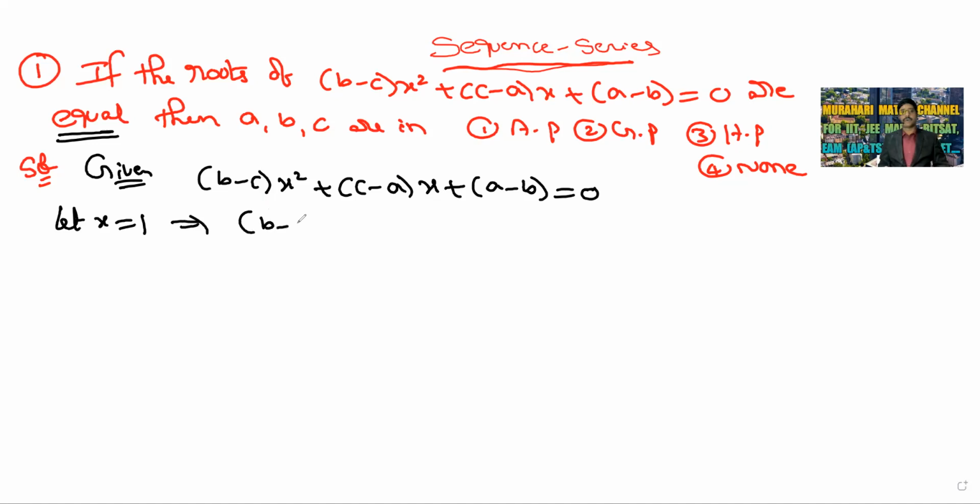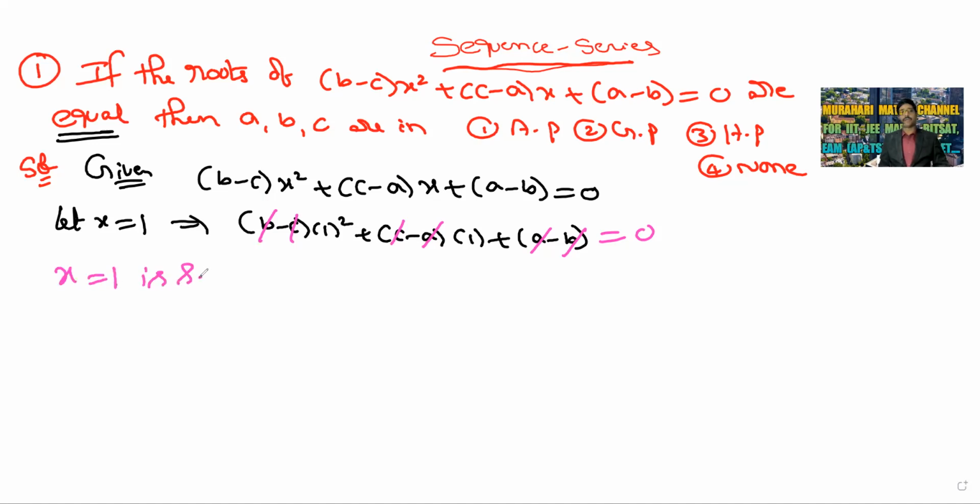This equation is satisfied. All terms get cancelled: b, b, a and c get cancelled, equal to 0. So x is equal to 1 is satisfied.